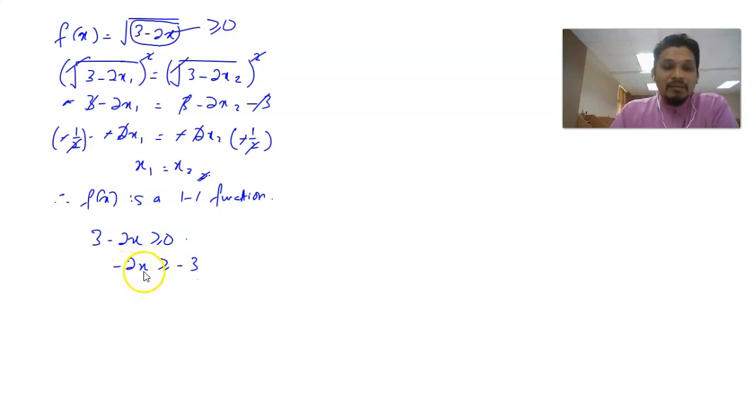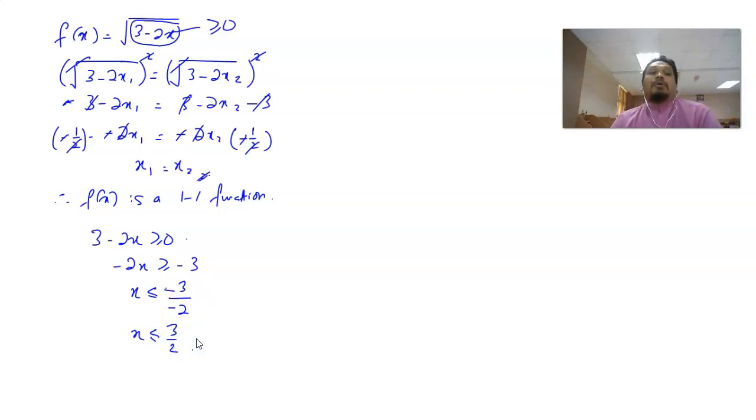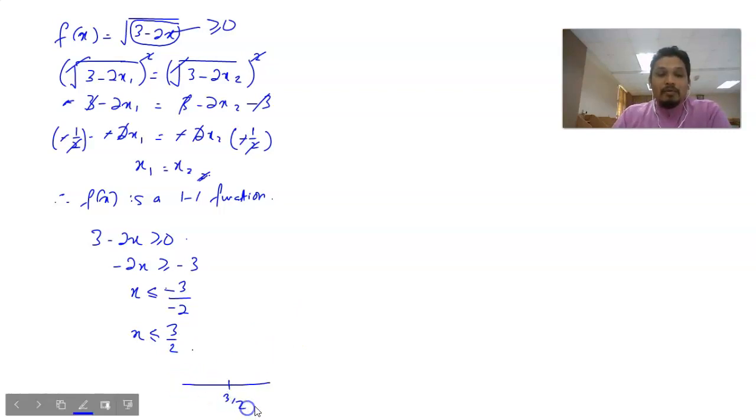Dividing by a negative turns the direction of the inequality from greater than to less than. So x is less than or equal to negative 3 divided by negative 2, or x is less than or equal to 3 over 2. From here we move to the left side.